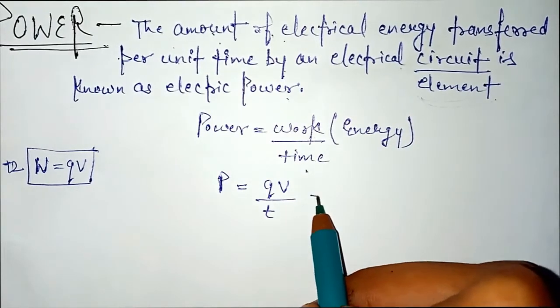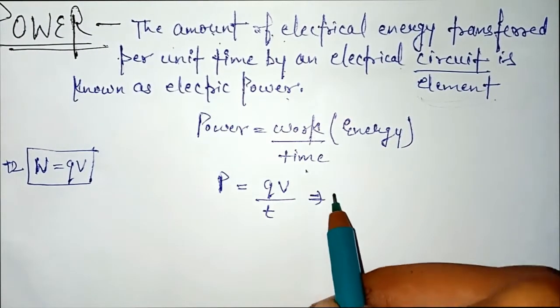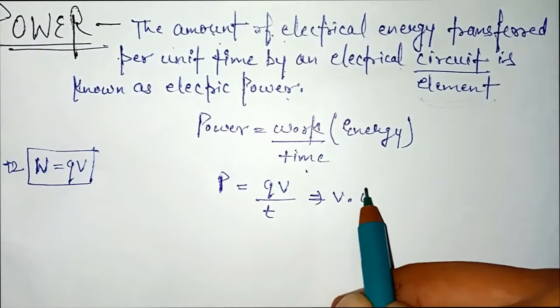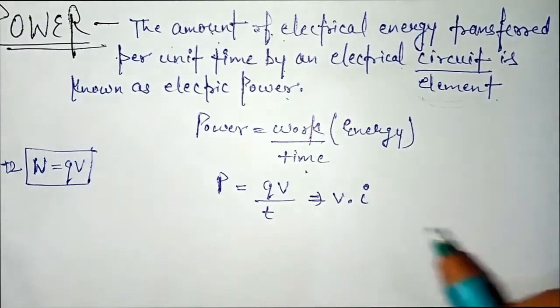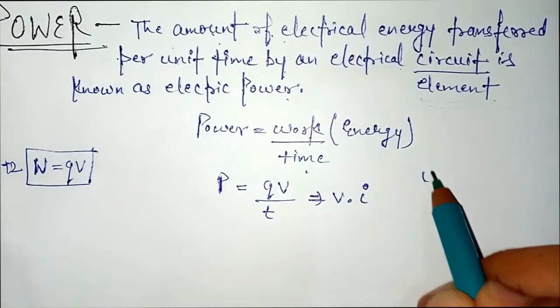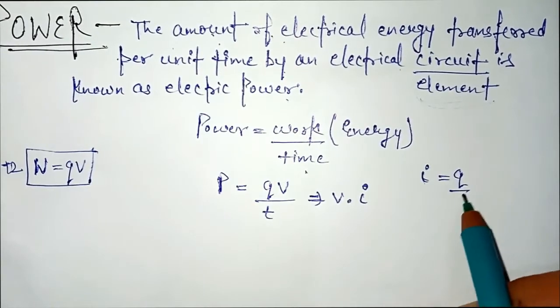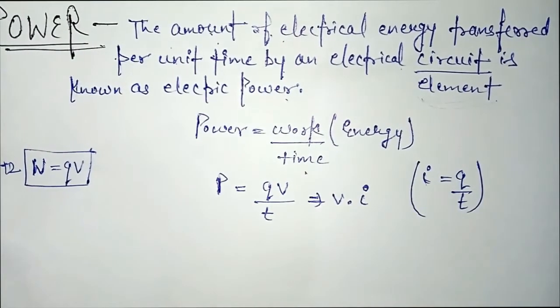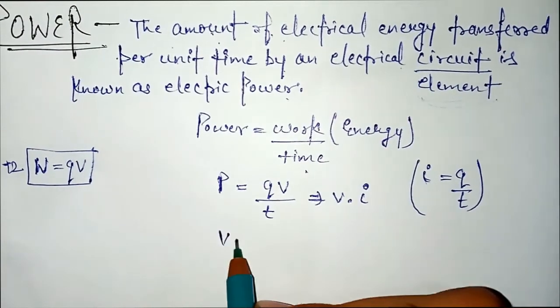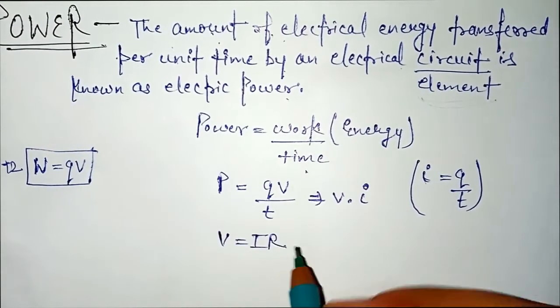Power is also known as V into I. Current is equal to charge by time. From Ohm's law, V is equal to IR.